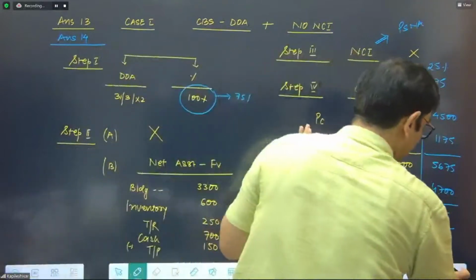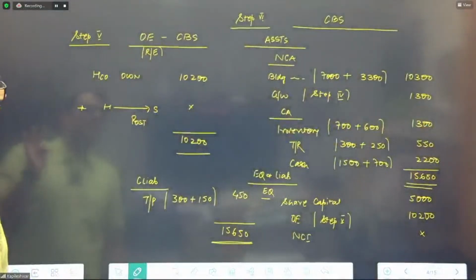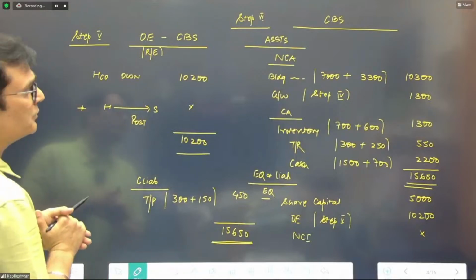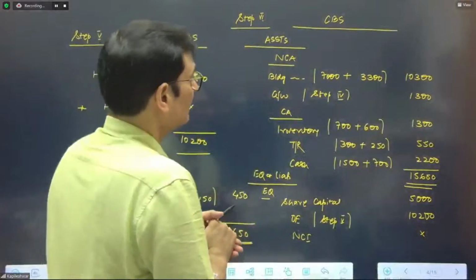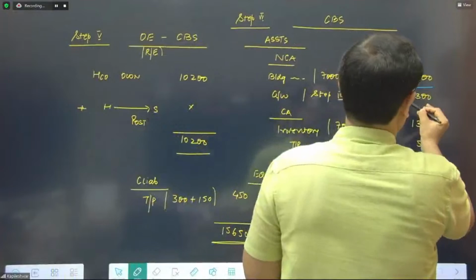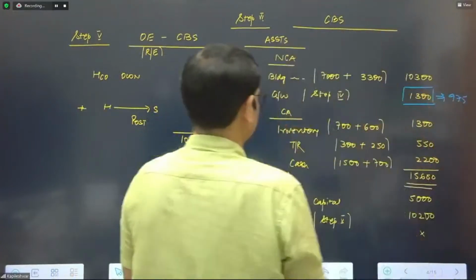Let's see further. In terms of step number 5, the status again remains the same. No changes at all because there are no post-acquisition earnings. Now let's have a look at the changes in the balance sheet. In terms of building, everything remains the same. Goodwill is going to change to 975 as we have computed.